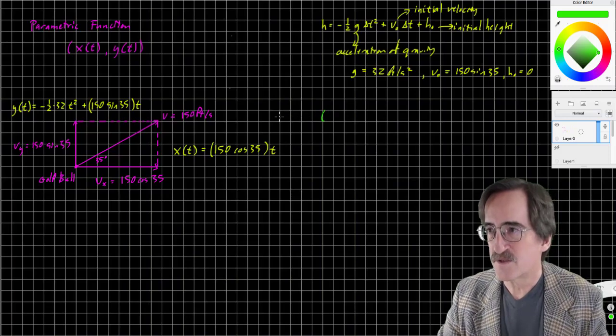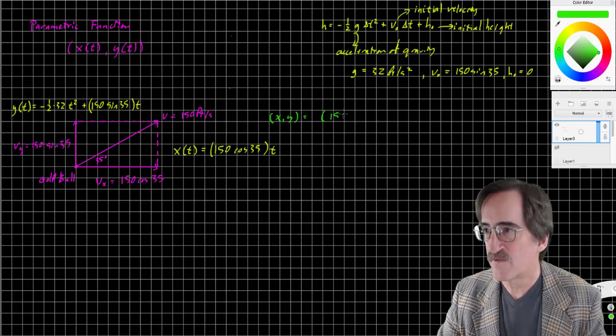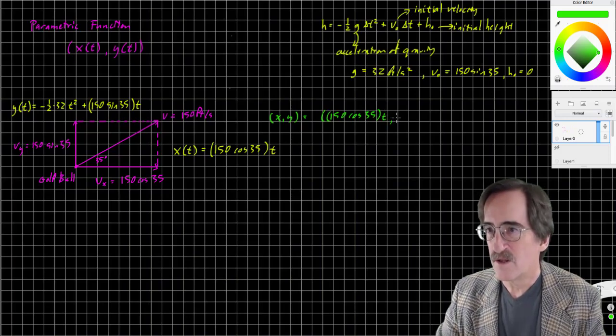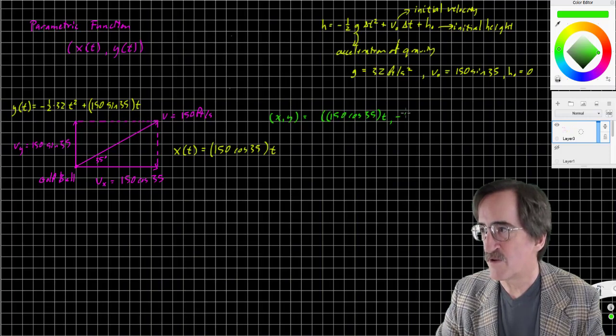So x of t is 150 cosine 35 t, comma, negative 1/2 times 32, which I will simplify to negative 16 t squared plus 150 sine 35 t.